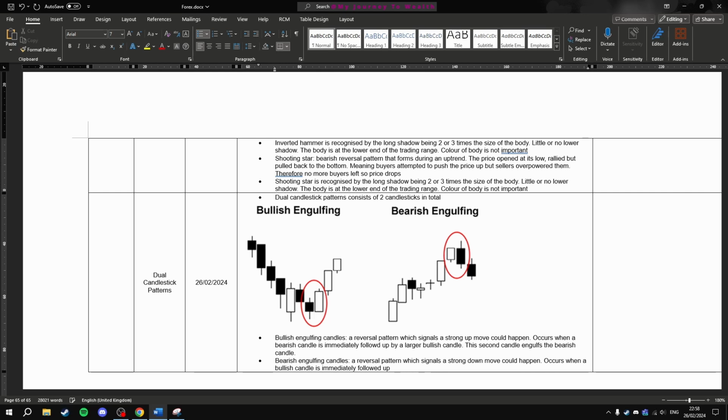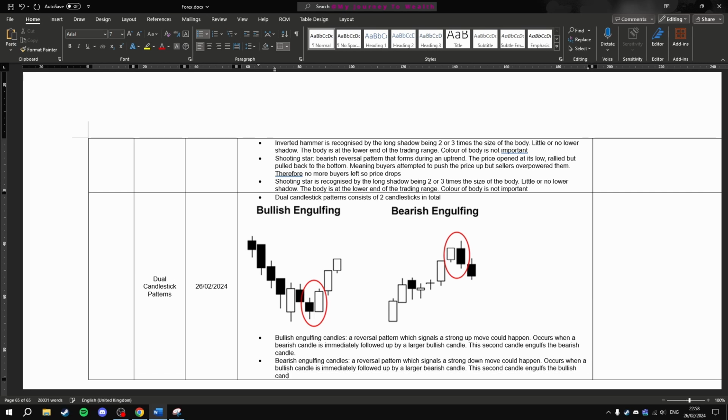Oh, that's horrible. Followed up by a larger bearish candle. This second candle engulfs the bullish candle.